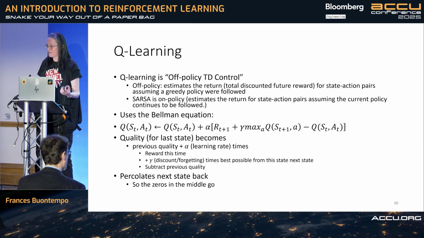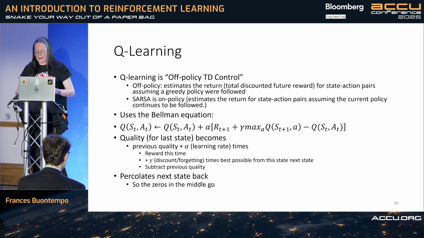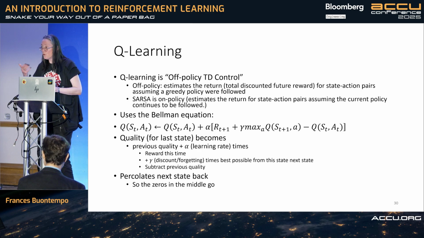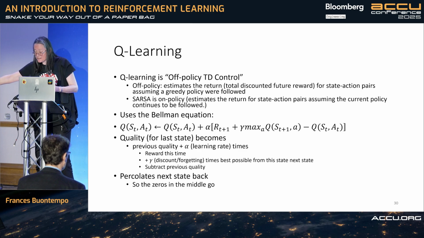And it uses this so-called Bellman equation, which dates back to the 50s, where your Q for a state and an action, that's just the map that I'm using, you add to that the reward it gets this time, plus a discounted fraction of the best it can do in the next state.